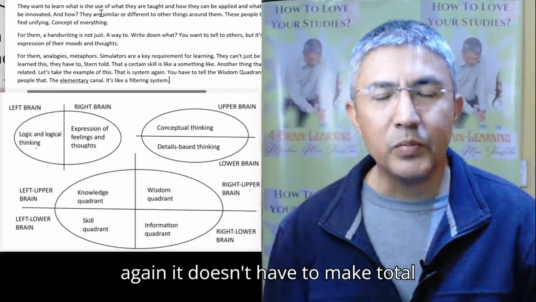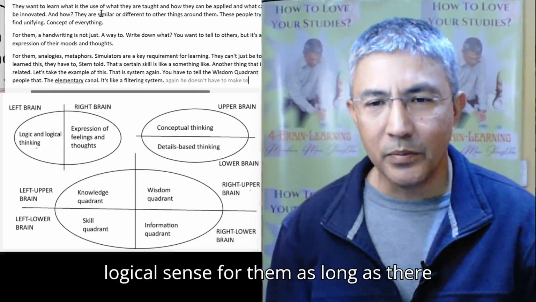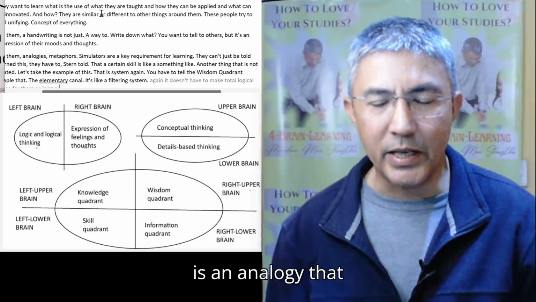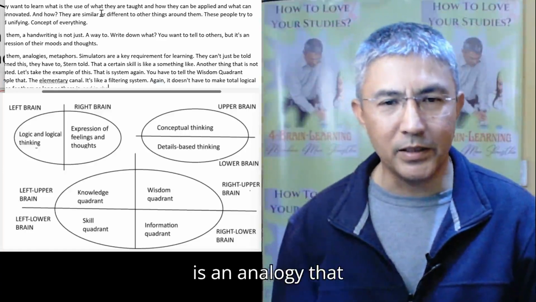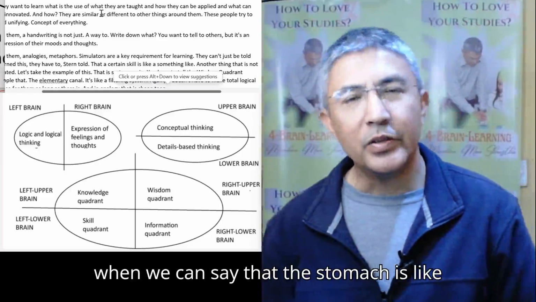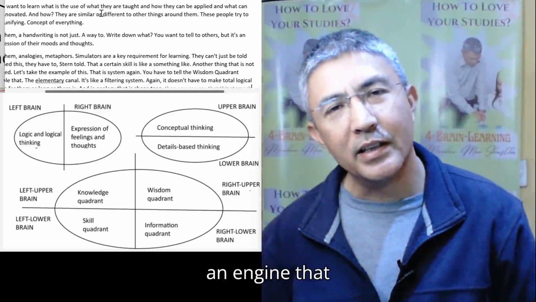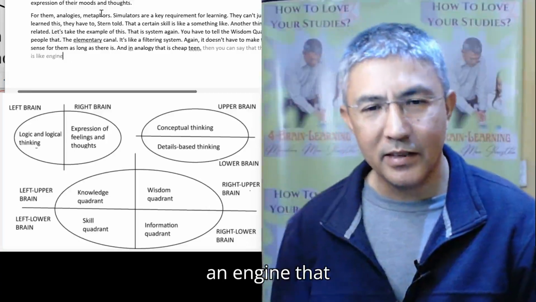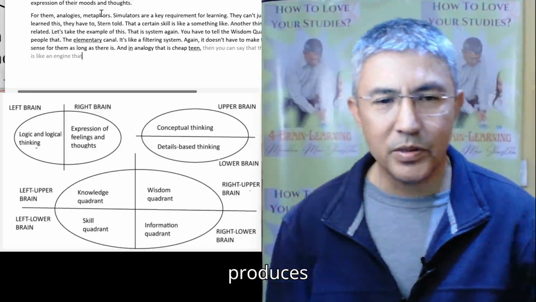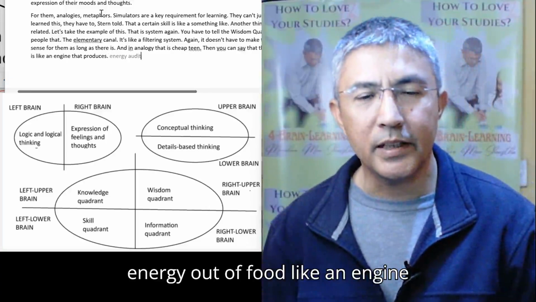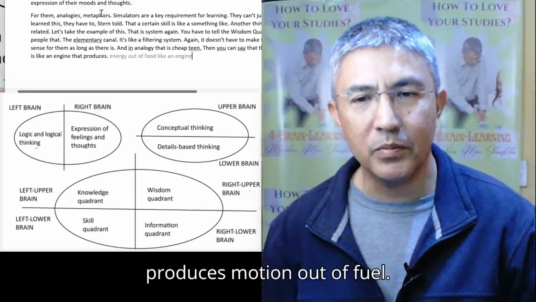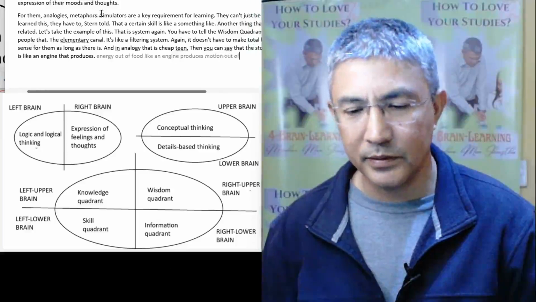Again, it doesn't have to make total logical sense for them as long as there is an analogy chipped in. We can say that the stomach is like an engine that produces energy out of food, like an engine produces motion out of fuel. And now they get it.